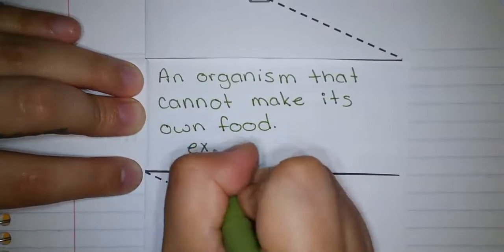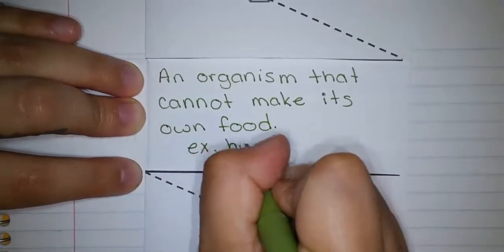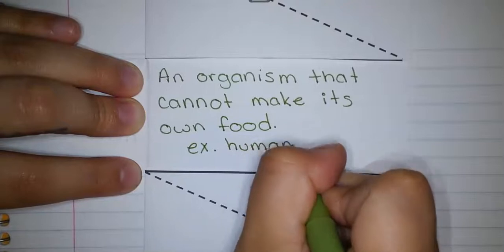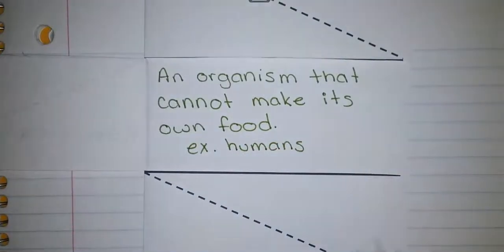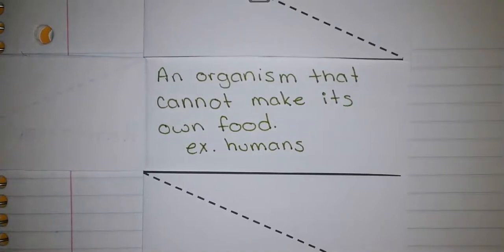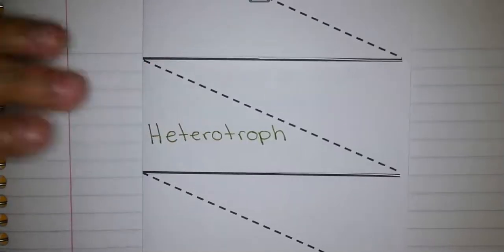Example, humans. Now, because we cannot make our own food, we are considered consumers.